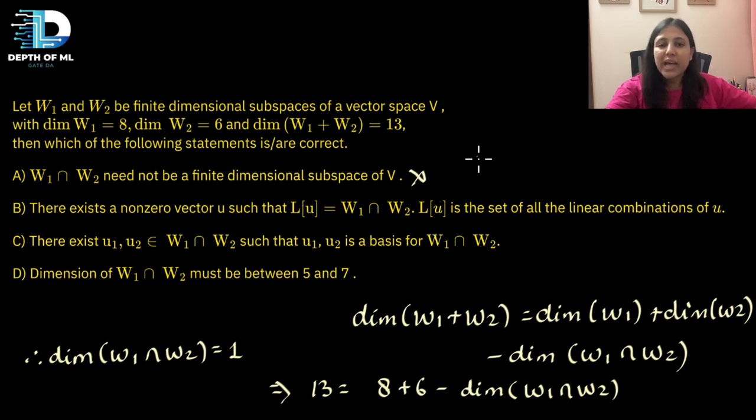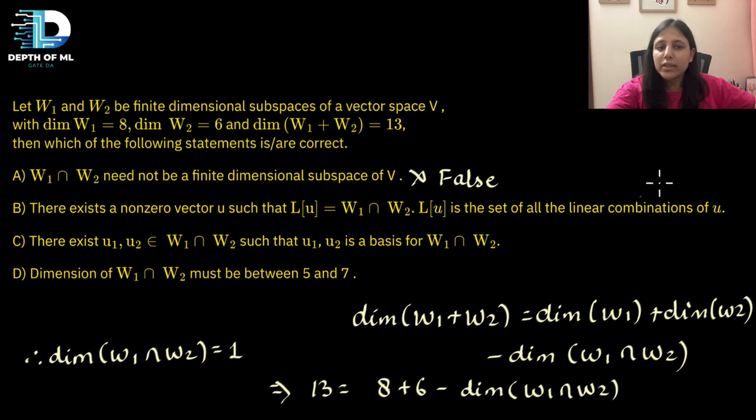It means that the dimension of the subspace is some finite number. It's not like infinity, right? So this is incorrect, because for any two finite dimensional subspaces, the intersection is always going to be a finite dimensional subspace. So this is false.